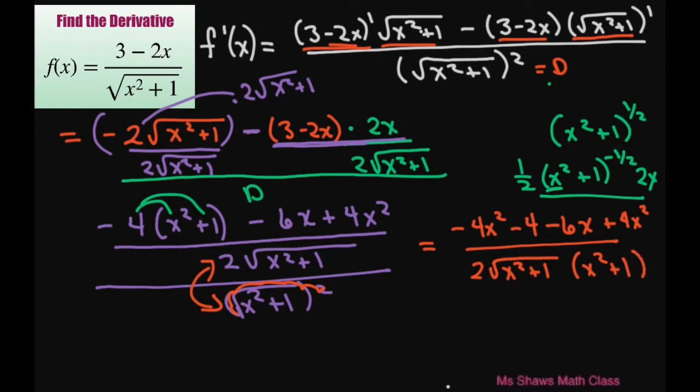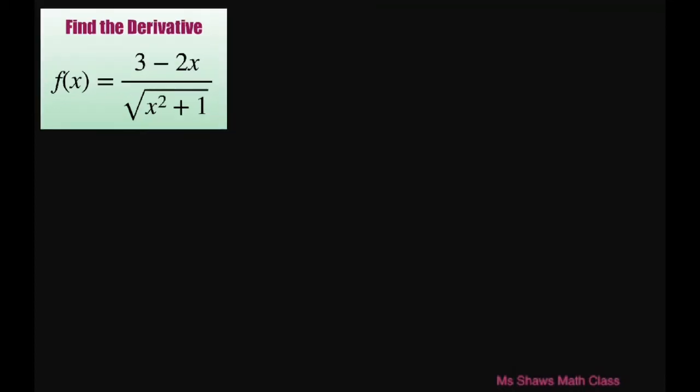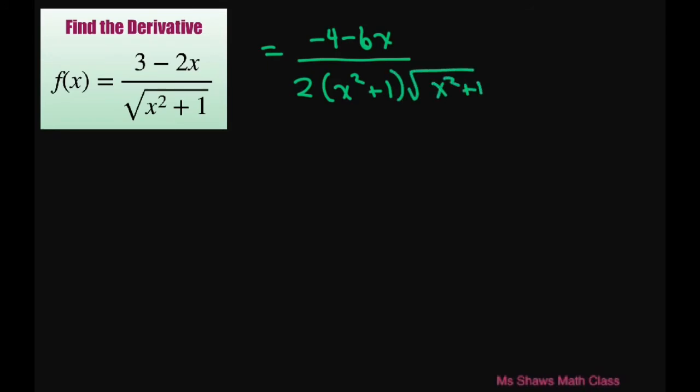Now the next step I'm going to do is simplify this numerator. So what's going to happen is this goes away, and we're going to have negative 4 minus 6x, and I'm going to factor out a 2. So we're going to get negative 4 minus 6x. In the denominator, we had 2, and I'm going to move these around: x squared plus 1 times the square root of x squared plus 1.